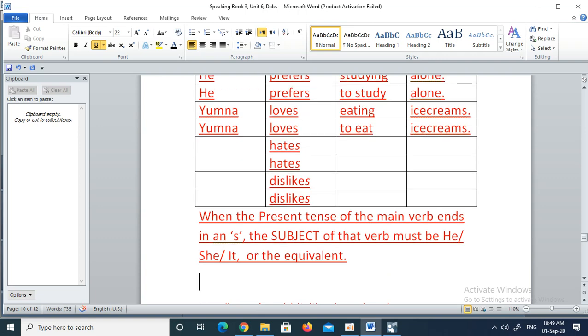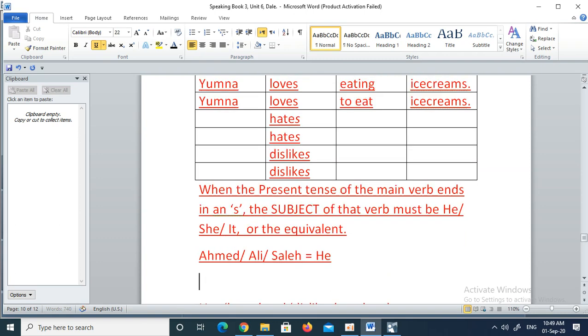When I say the equivalent, Ahmed, Ali, Sali are all equal to he. Inaz, Kate, Feroza, all equal she. So we can use he or she, or we could say Ahmed, or Sali, or Mazen, or Hassan, or Inaz, or Kate, or Magda, or Yomna. Any one of them would equal she.